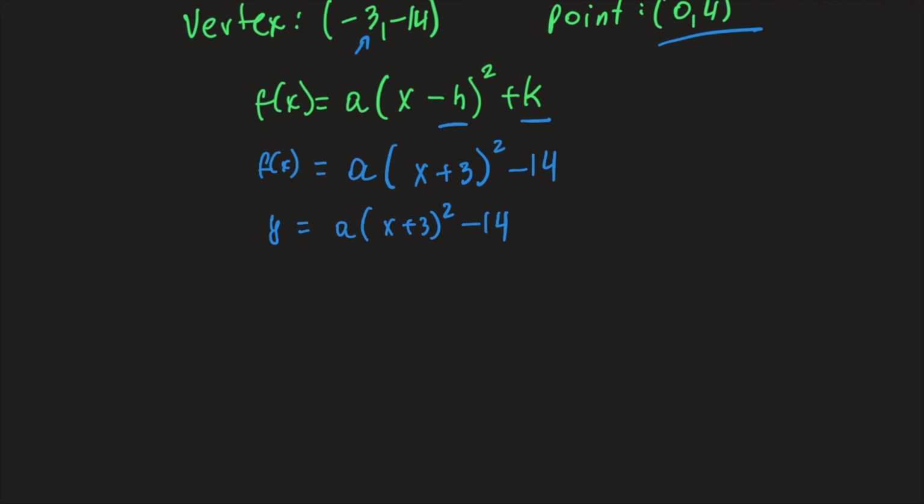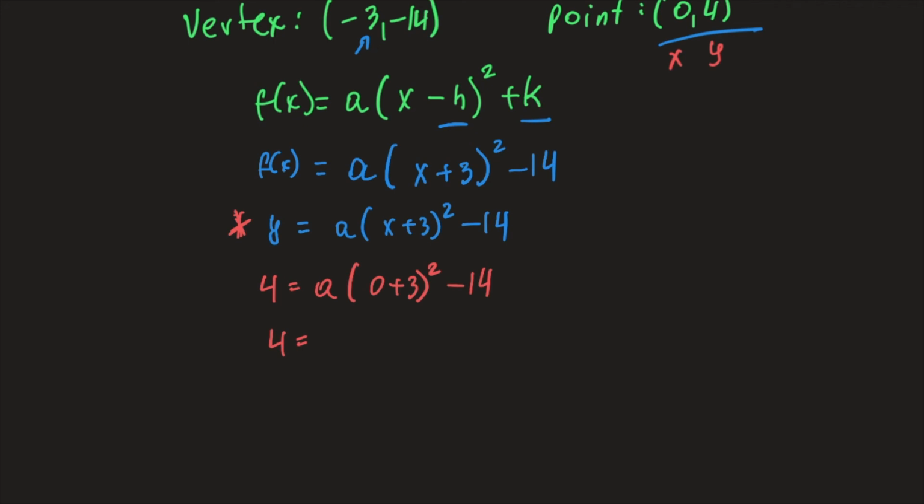I'm going to replace 0 for x and 4 for y in my equation, and that will give me a. So what I would suggest is put a little star next to it. And now instead of y, I'm going to write 4 is equal to a times 0 plus 3 squared, that's my x value, minus 14, and solve for a.